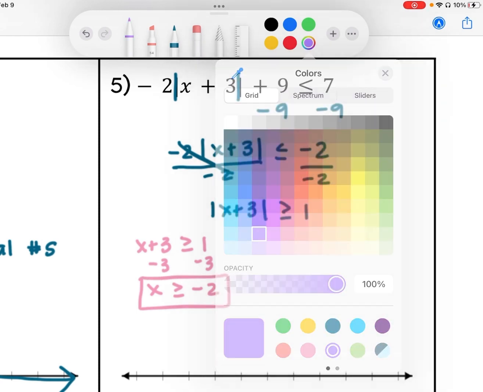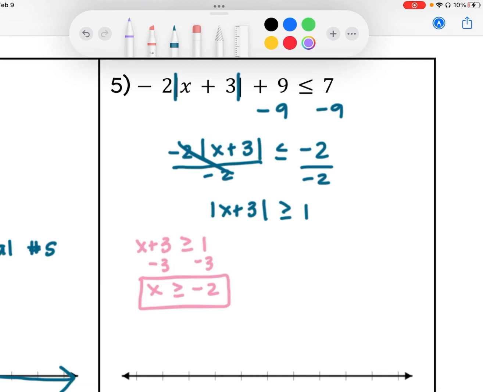All right. And then for our negative case, we're going to do negative x plus 3 is greater than or equal to 1. Distribute that negative in, so we get negative x minus 3 is greater than or equal to 1. So negative x, if we add 3 to both sides, would be greater than or equal to 4.